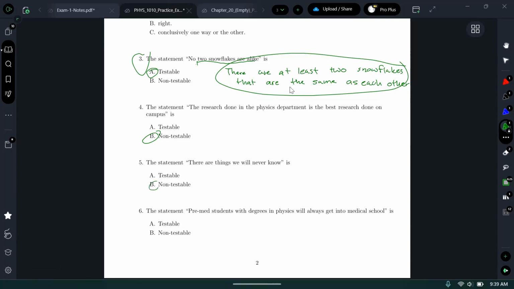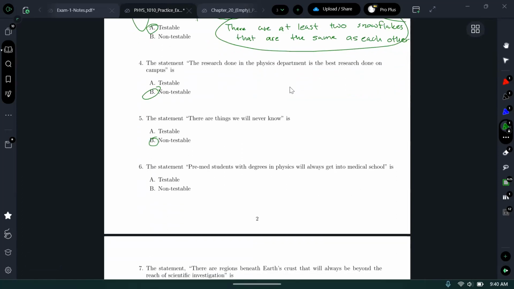Non-testable. Anything like that, where it's this almost intentionally vague thing, like matter is filled with undetectable particles, it's built into the wording that you can't figure it out. You can guarantee it's non-testable because there is no test to figure out something that cannot be tested.